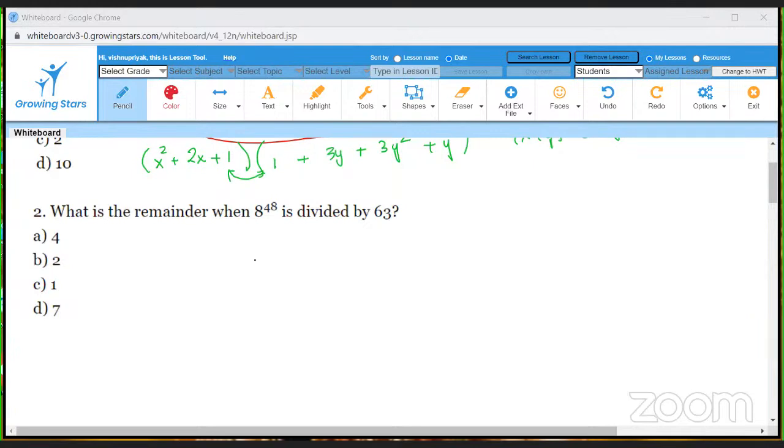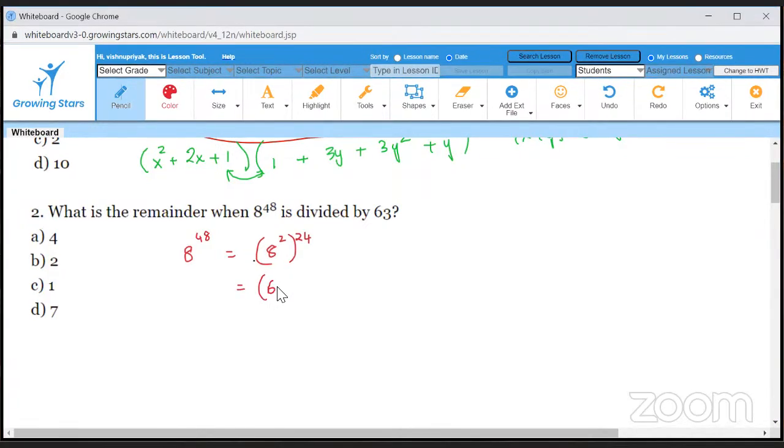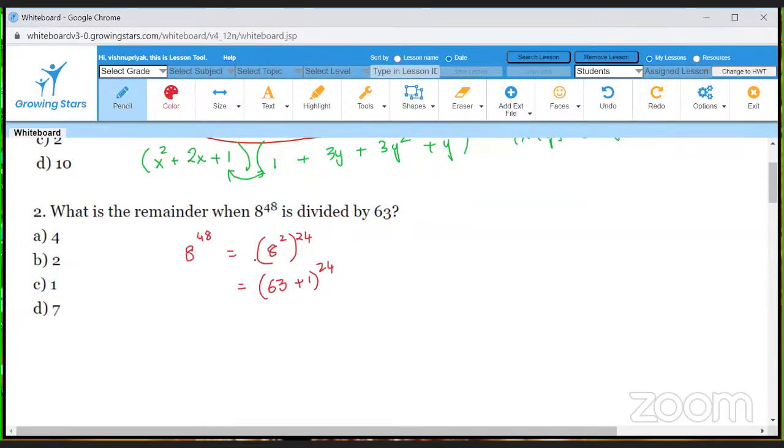If you see 8 power 48, you can write it as 8 square whole power 24, because 2 into 24 will be 48. And then you can write 64 as 63 plus 1 power 24. You know what is 63 plus 1 power 24?